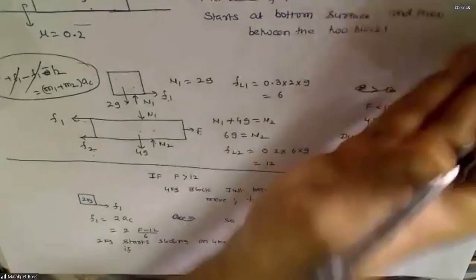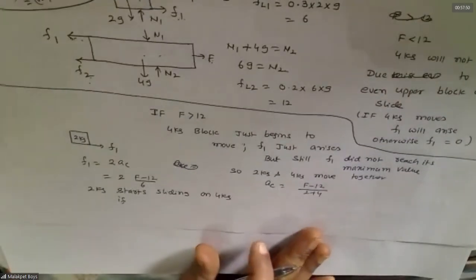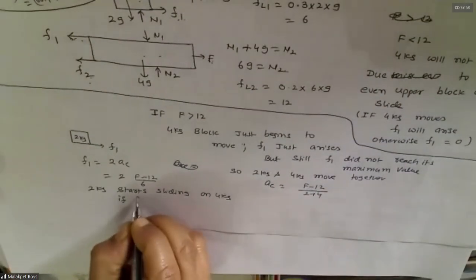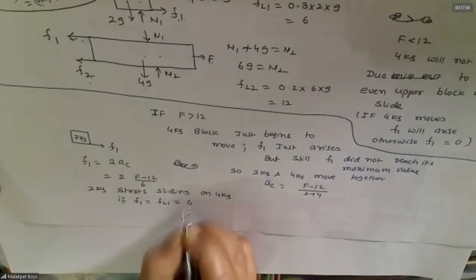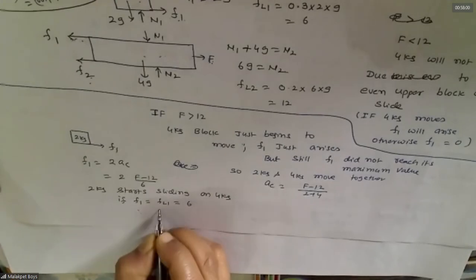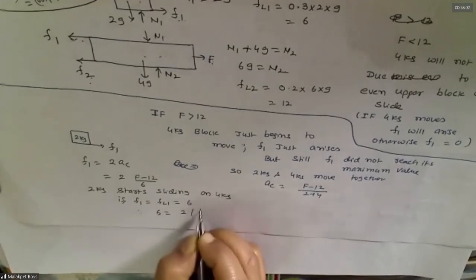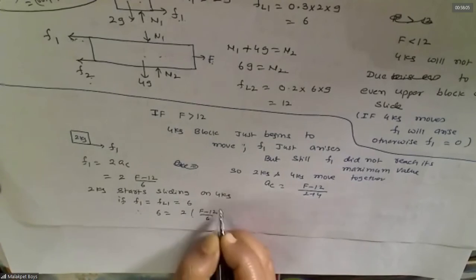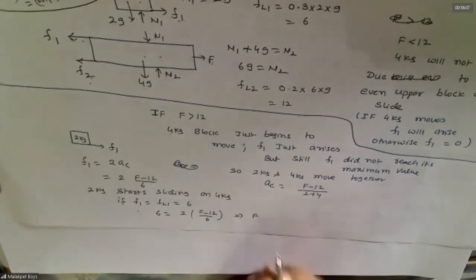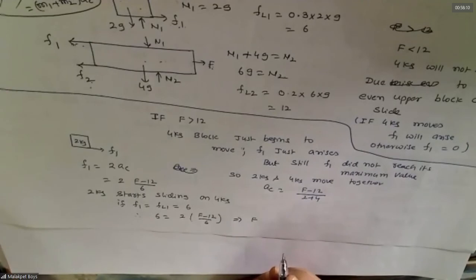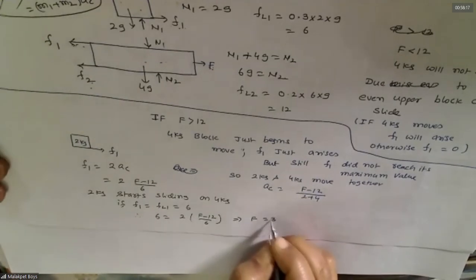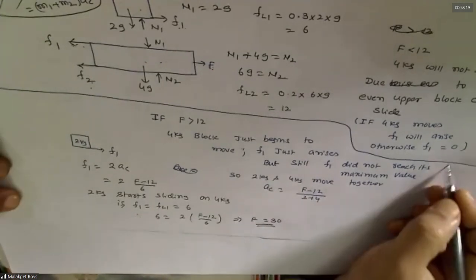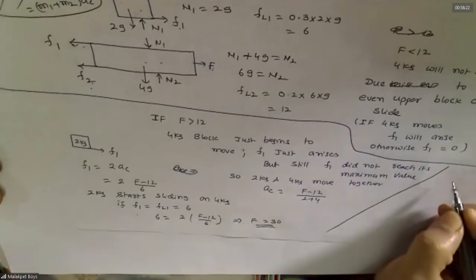If F1 equals how much? You will get F, no? How much you got? 30. That means we can summarize the whole problem.